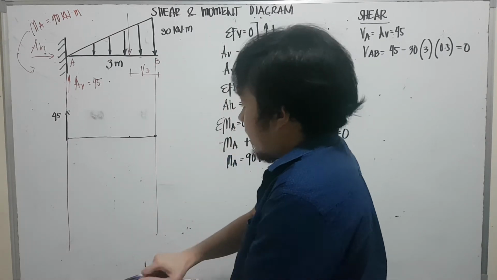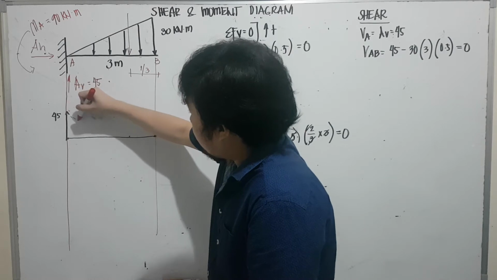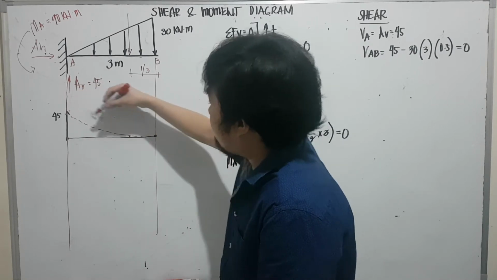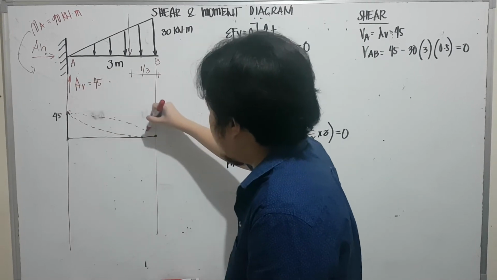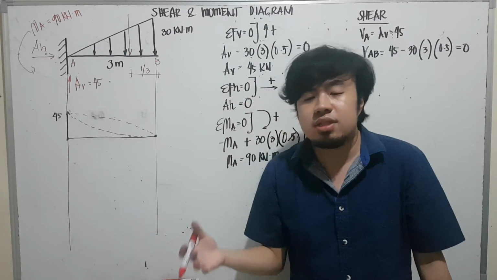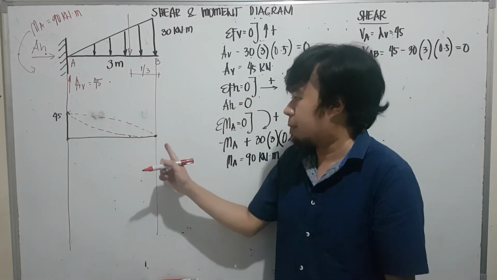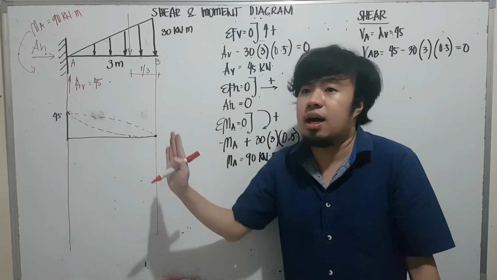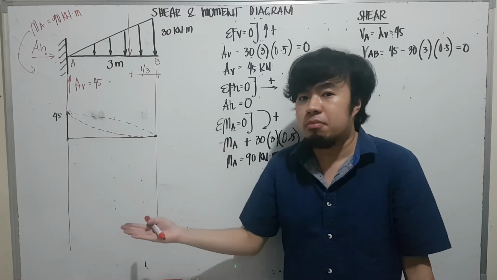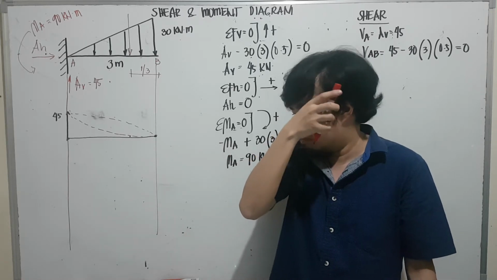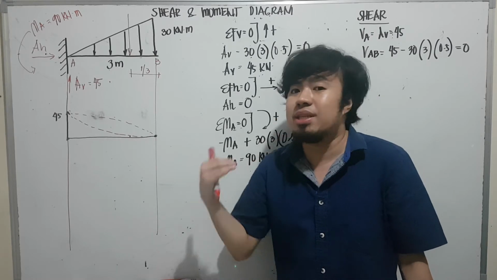Now the problem is, my curve can look like this, or my curve can look like this. There's another method that we can use in determining this, by checking the slope. But of course, the very preferable method would be the slope.